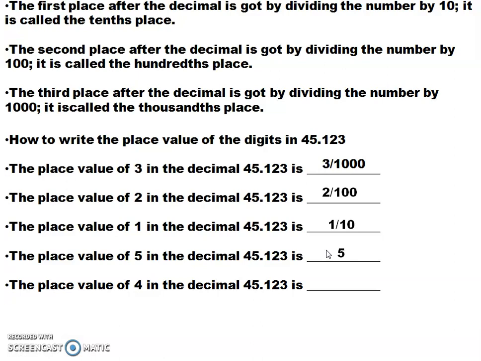That is 5 itself. The place value of 4 in the decimal 45.123. How are we reading this? 45. So the place value is 40. Hope the place value of each digit in a decimal number is clear to you.